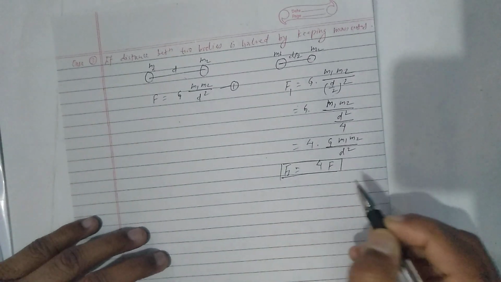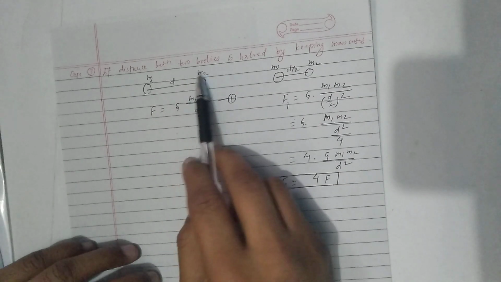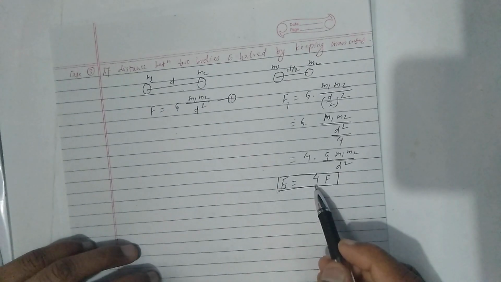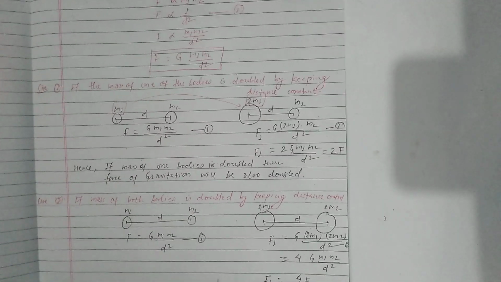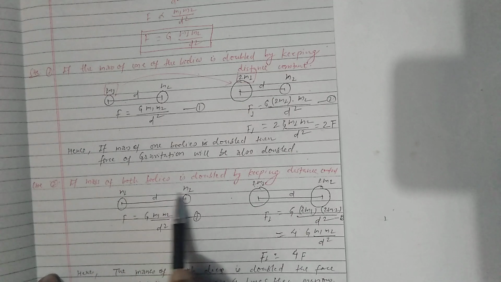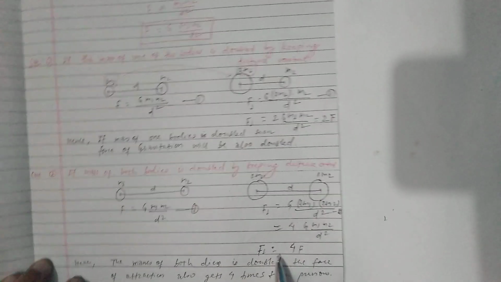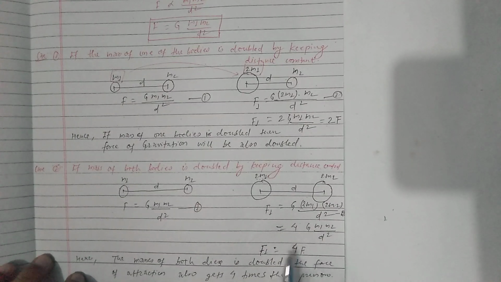Hence you can see that when the distance between two bodies is halved, the force is also 4 times. In the last case we already saw that if the mass of both bodies is doubled, the force is also 4 times. So both cases give the same result.